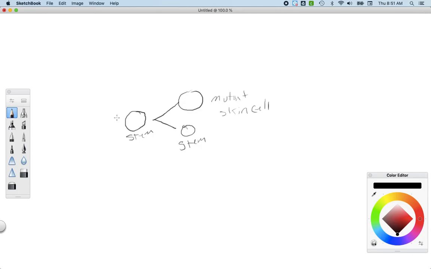That mutant skin cell may now have the ability to divide. So, if it becomes cancerous, that mutant skin cell will be two skin cells. Those two skin cells both have the ability to divide.